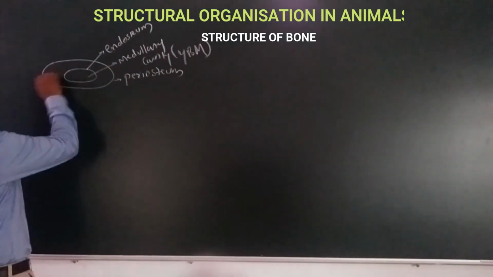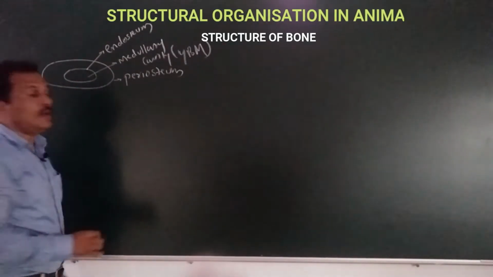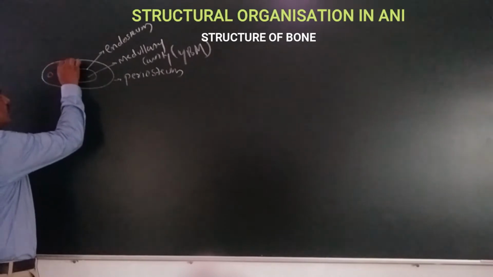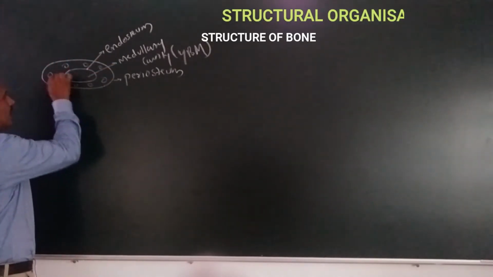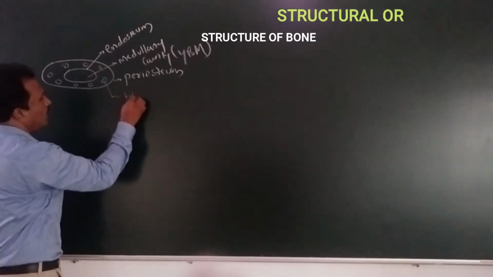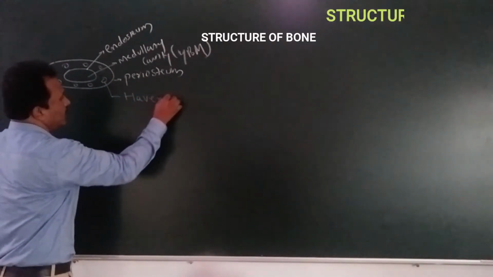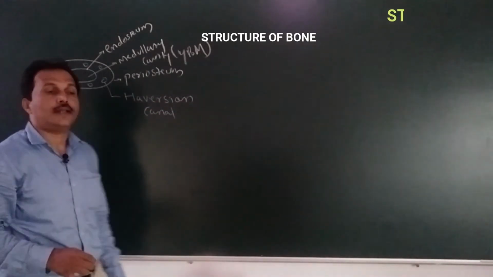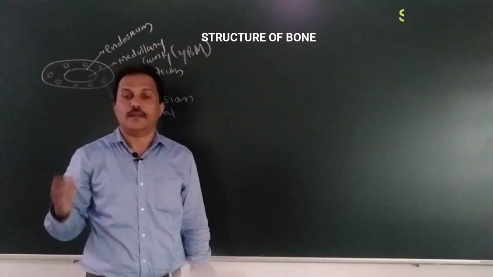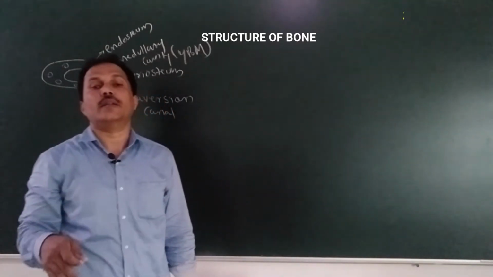This is a cross section of the long bone, and here you will find the openings of the Haversian canals, through which the blood vessels and nerves pass into the bone.